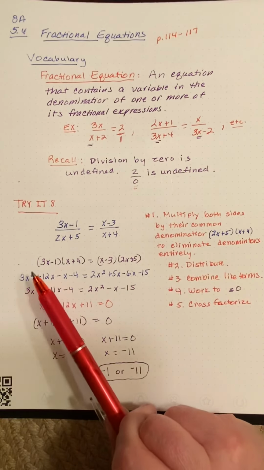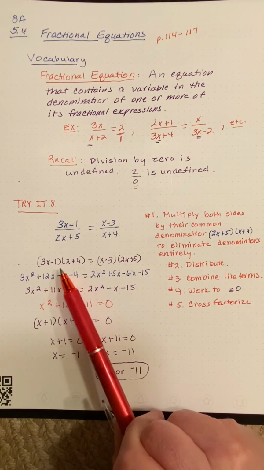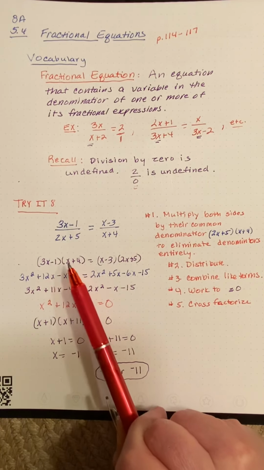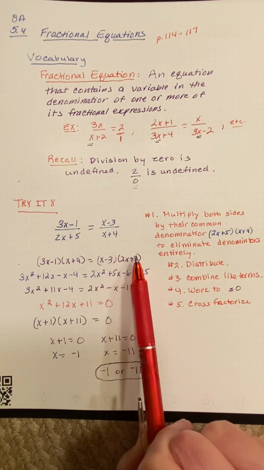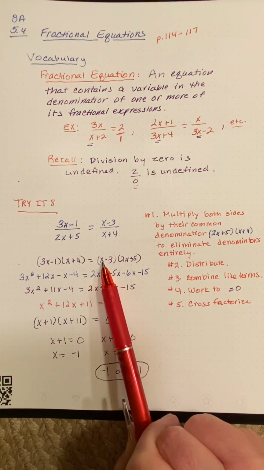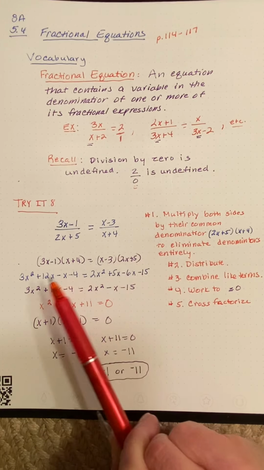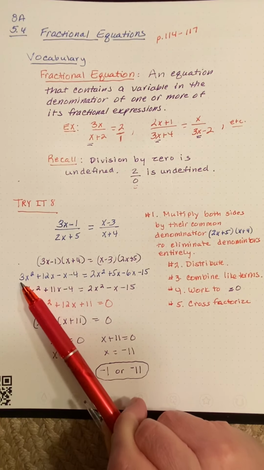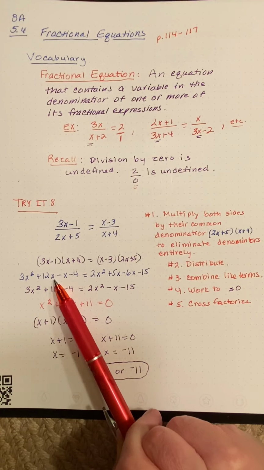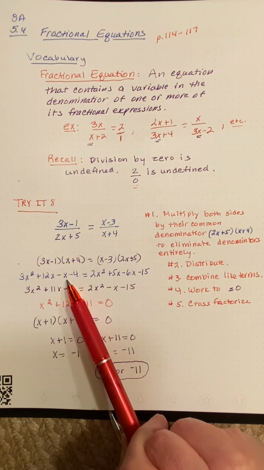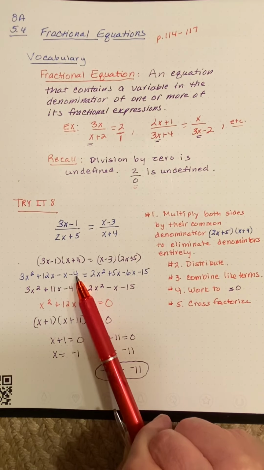At this point, you're going to distribute the 3x to the x plus 4 and the negative 1 to the x plus 4 on this side, and you're going to do that same distributing process on this side. So when I do that, I end up with 3x squared plus 12x minus x minus 4.